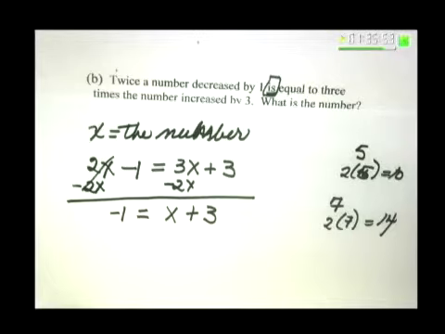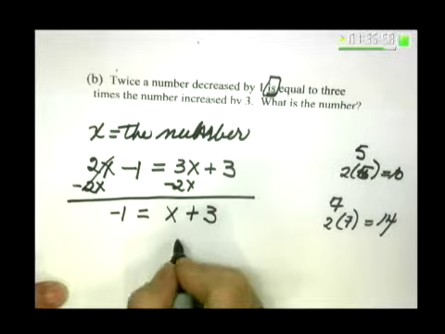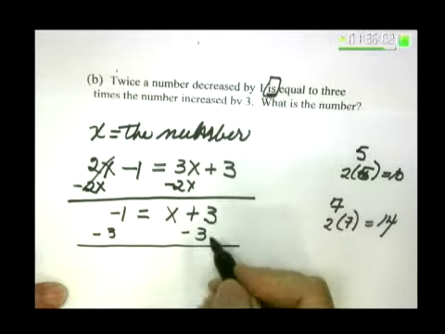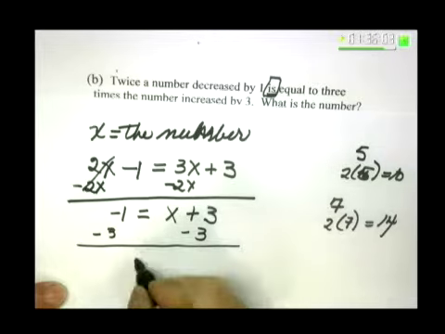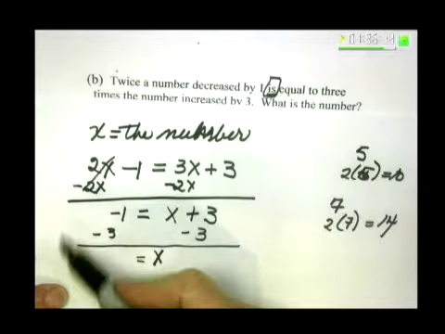I'm still solving for my variable x. So what I have to do is isolate the x. I'm going to do the inverse operation of adding 3, which will be subtracting 3. And 3 minus 3 is 0, so on the right-hand side I get an x. On the left-hand side I have a negative 3 and a negative 1 that I'm adding together.